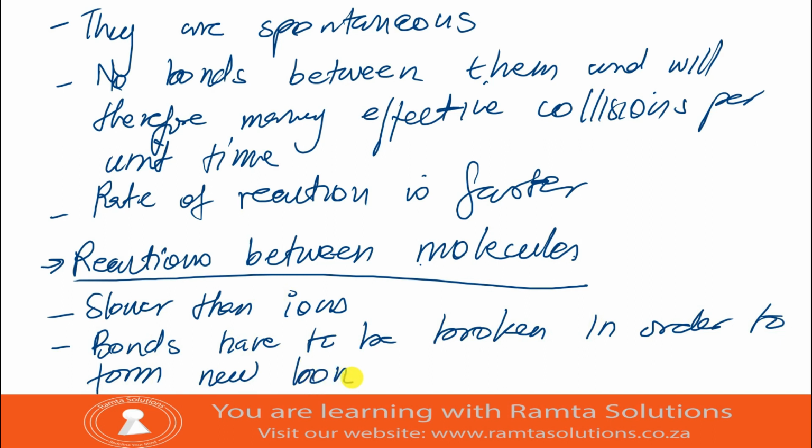In other words, bonds of the reactant particles must be broken in order to form bonds of the product particles. Now, how does this affect the reaction rate? It slows down the reaction rate. If bonds have to be broken in order to form new bonds, what is happening with effective collisions?